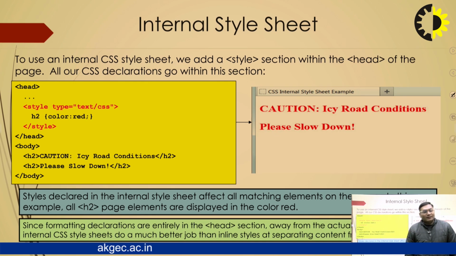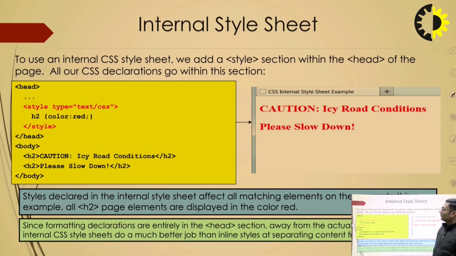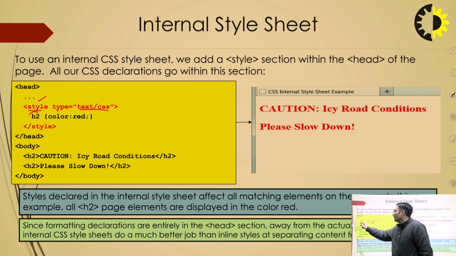Now, let us see an example of internal CSS. When we place the CSS rule inside the head section with the style tag, then that type of CSS is called internal CSS. In this example, we can see that the style tag is used, type equals text/css, and then the selector is H2, curly braces open, color colon red, semicolon.